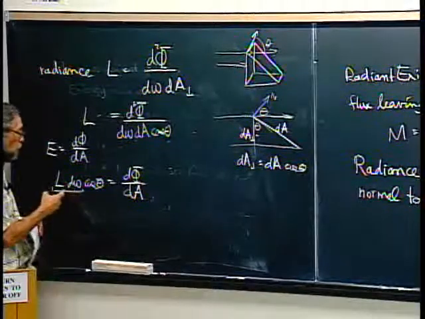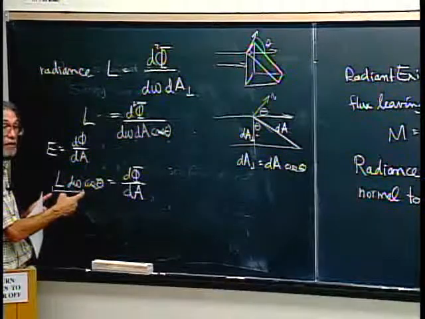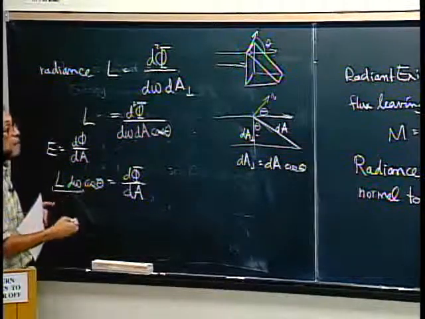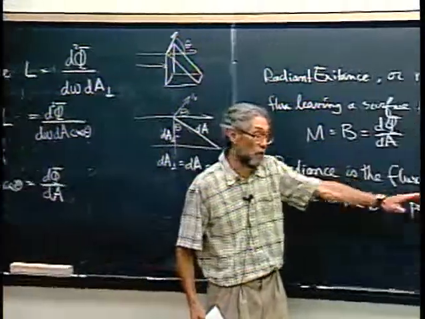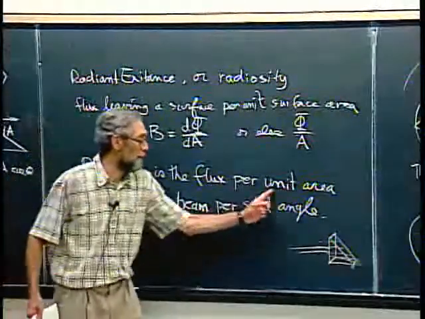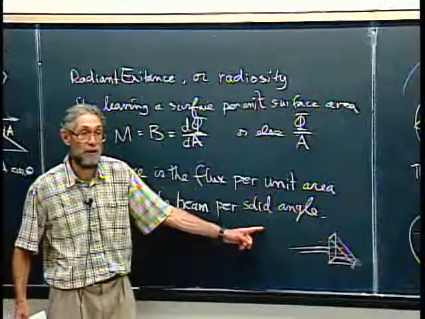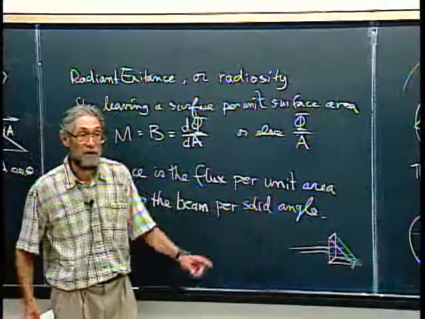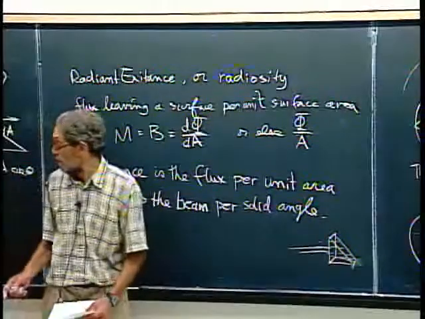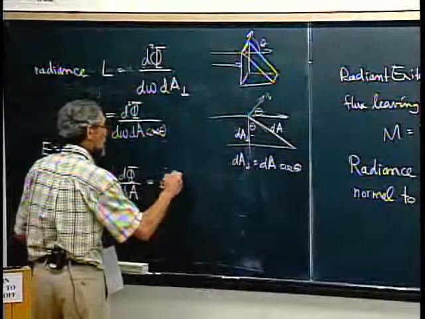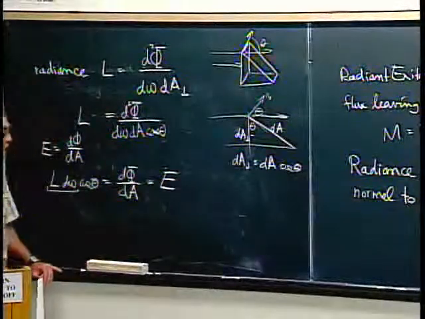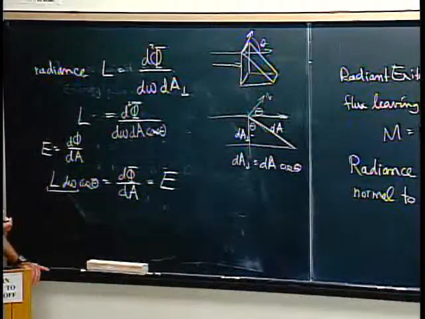And so radiance times the solid angle says how much flux is coming per unit area normal to the beam, because you already multiplied it by the solid angle, canceling out this per solid angle. And that's equal to the irradiance E. And then for a perfectly diffuse reflecting surface, the light that comes out is proportional to the irradiance.